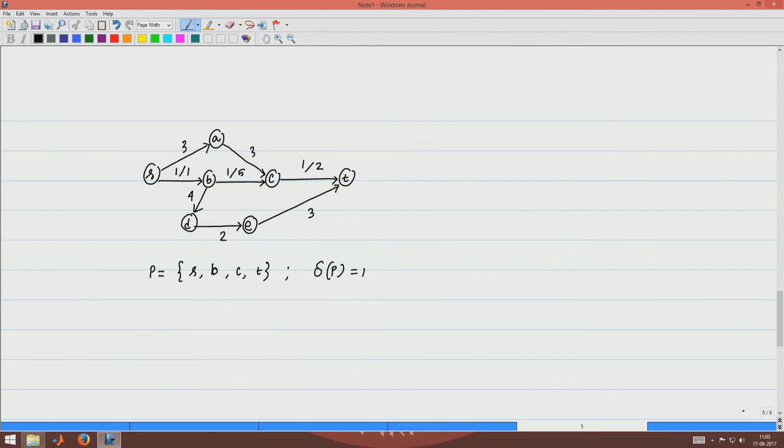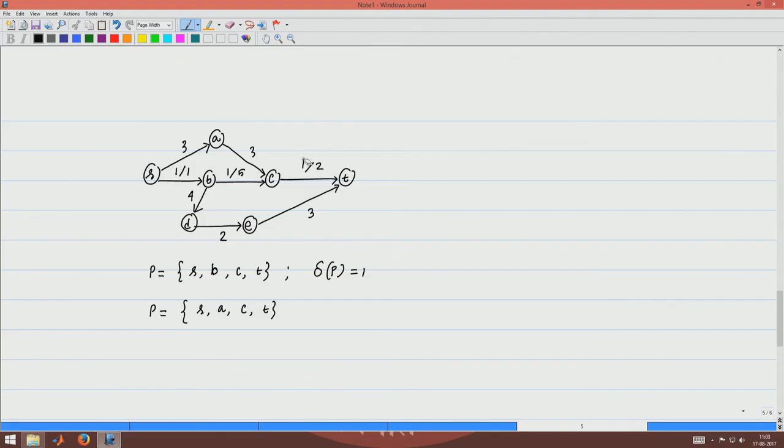Now, if I try to find another path from S to T, say I get the path P2 to be S, A, C, T. The capacity of this path is 2, but we can't send 2 units of flow along this because there will be a problem here.